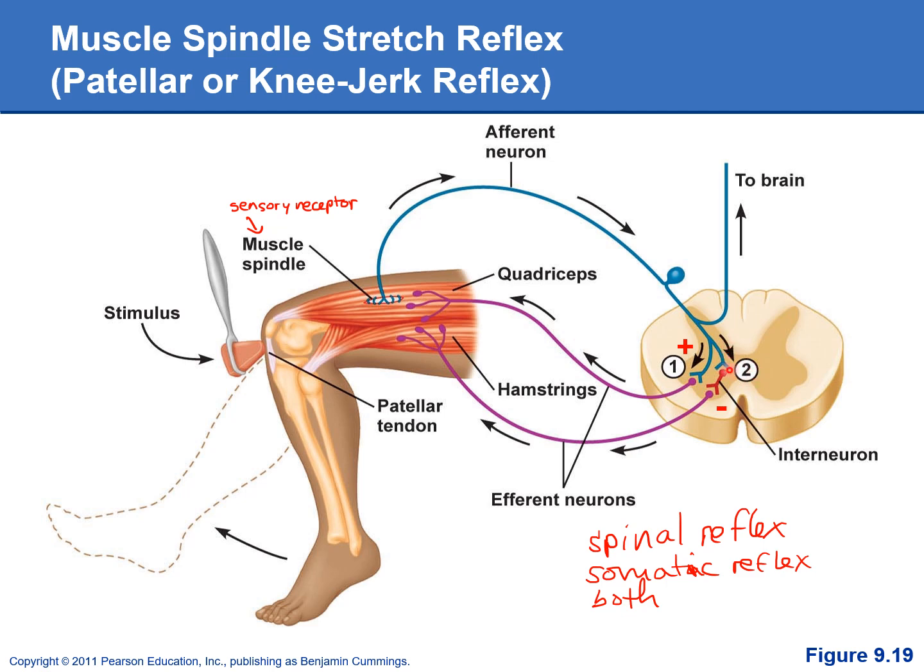And then the other one going out to the hamstrings, that one is polysynaptic because you've got two synapses here. You've got a synapse between the sensory neuron and the inner neuron, and then another synapse between the inner neuron and the motor neuron. So it's both monosynaptic going out to the quadriceps and polysynaptic going out to the hamstrings.